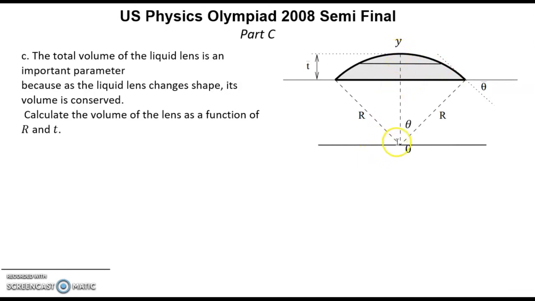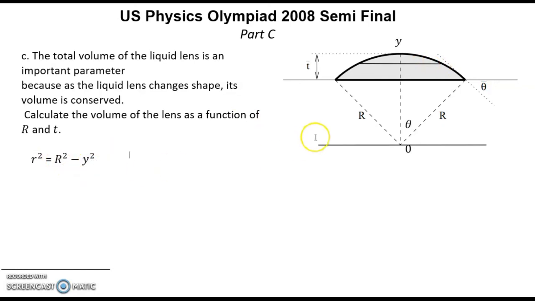So on a distance y from the center of this sphere, we have an expression for radius. Radius of this circle squared equals r square minus y square.